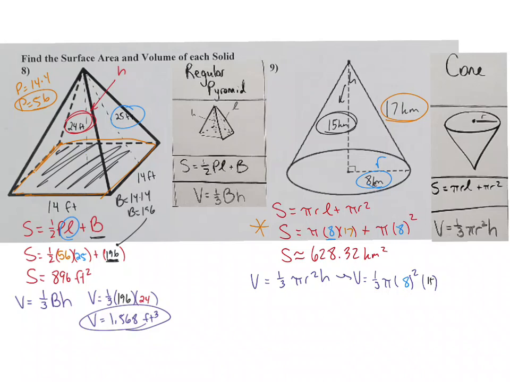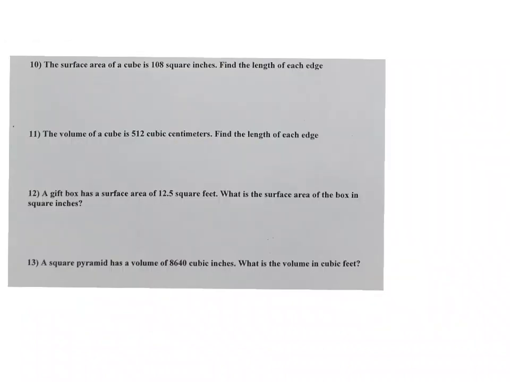And I just typed in my calculator 1/3 pi 8 squared times 15. I end up with my volume is about, approximate symbol, because I rounded, 1005.31 cubic kilometers. Right? That's it.